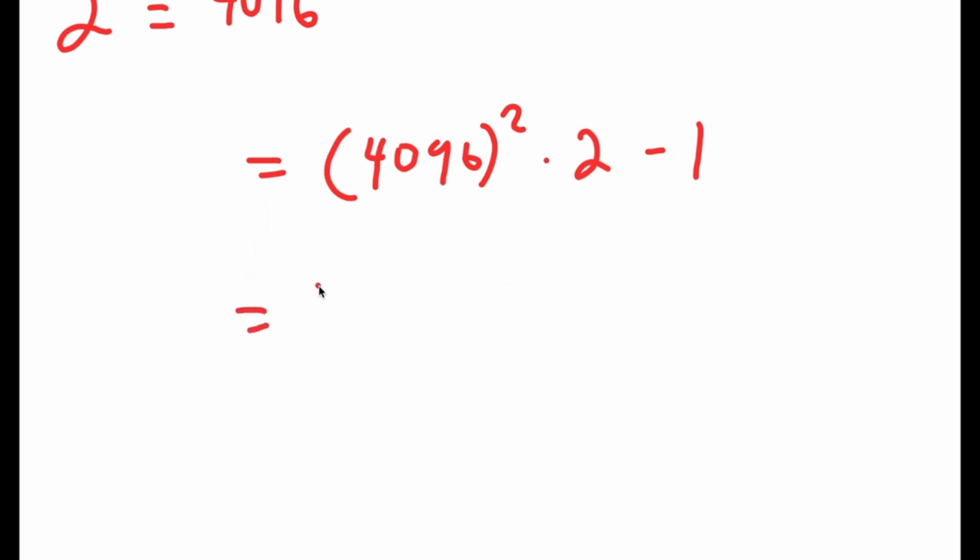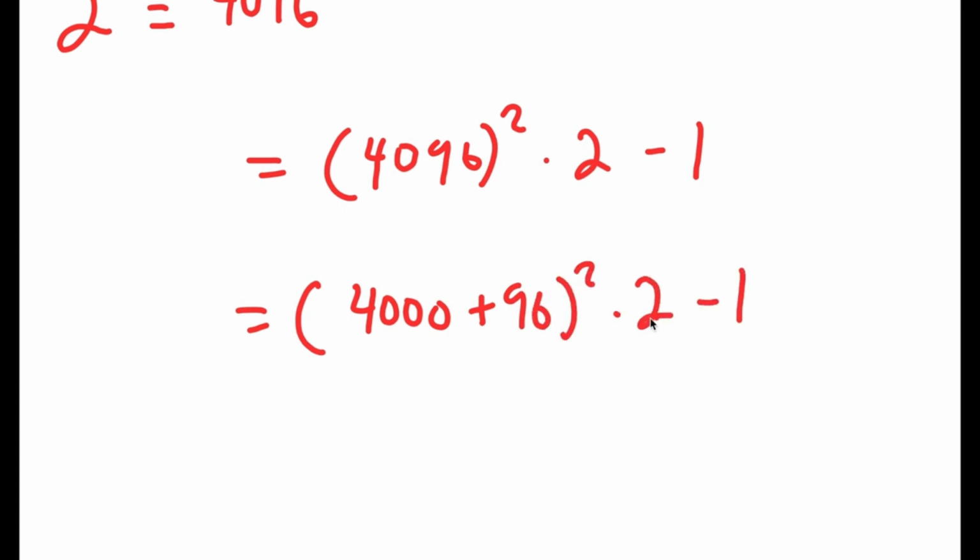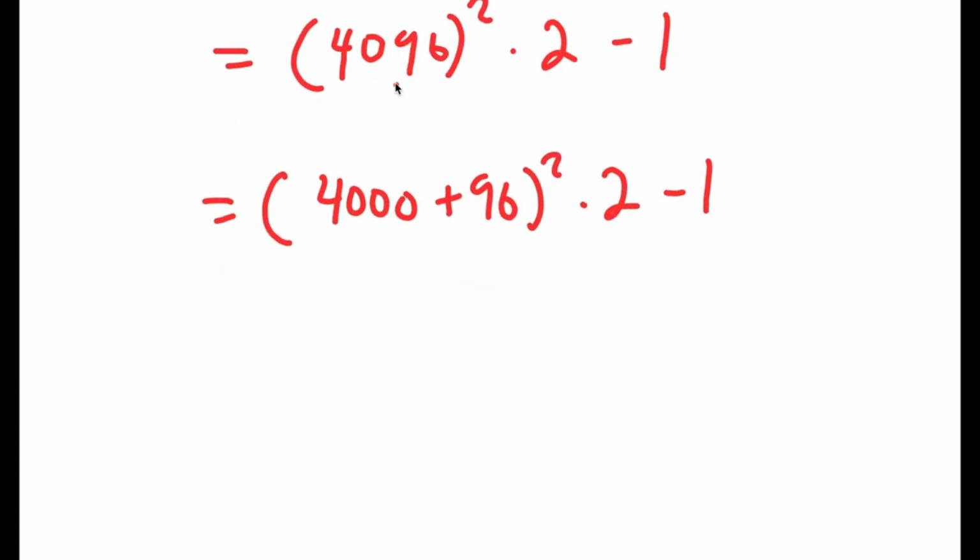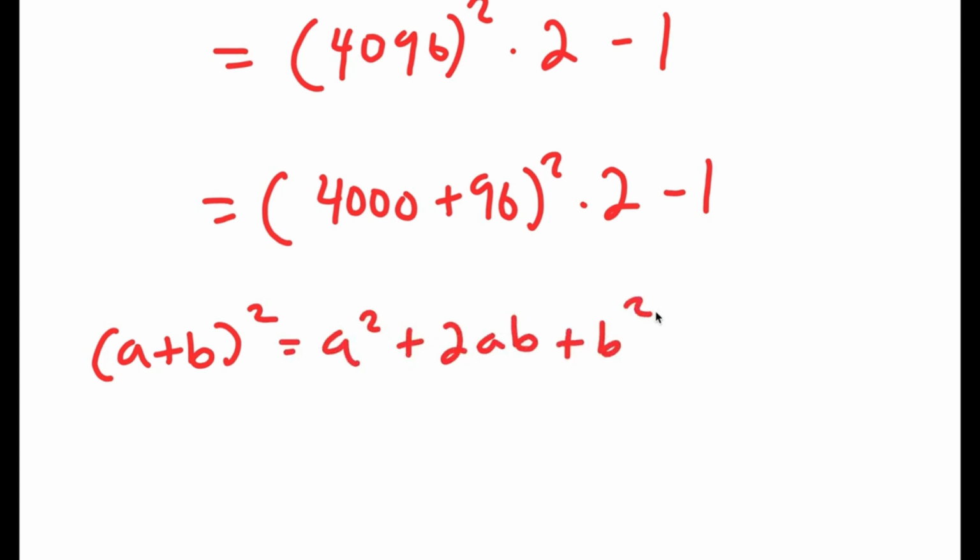And now I'm going to simplify this: 4000 plus 96 squared times 2 minus 1. And the reason I'm doing this is because 4096 squared is really hard to calculate by itself. So if we change it to 4000 plus 96 squared, I can use the property a plus b squared is equal to a squared plus 2ab plus b squared.